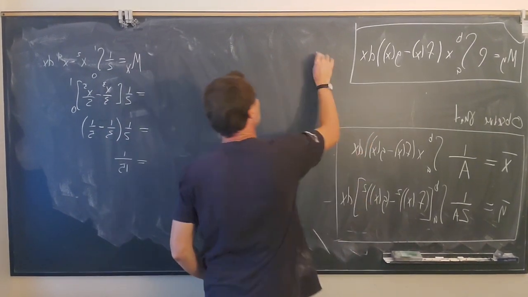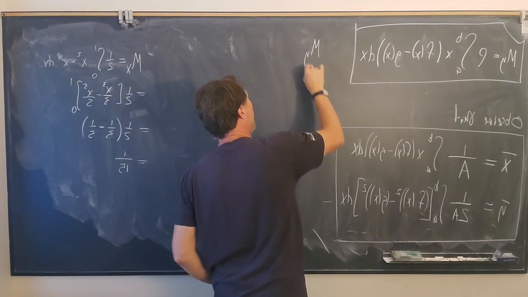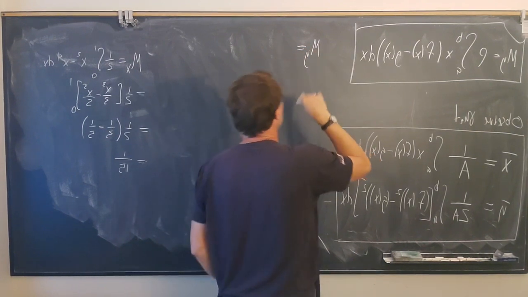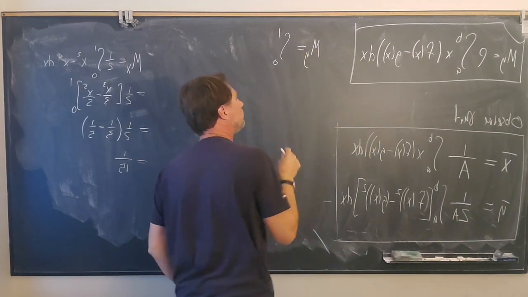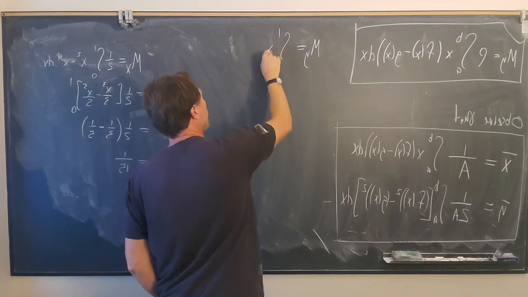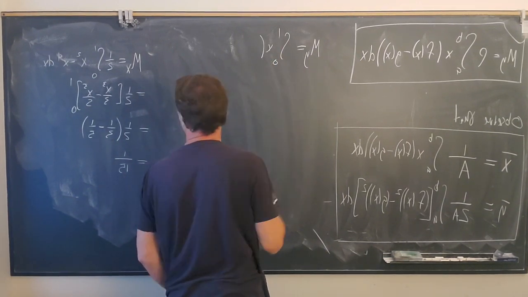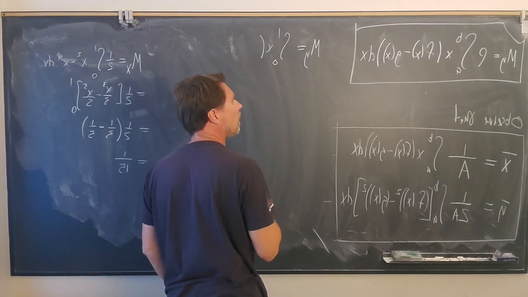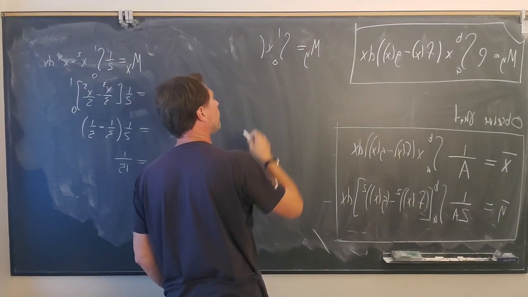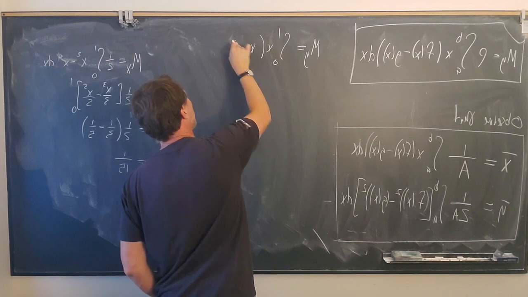And then m sub y is going to be integral from 0 to 1 of x times, and officially I should be writing in the rho here, but it doesn't matter, x times top function minus bottom function.